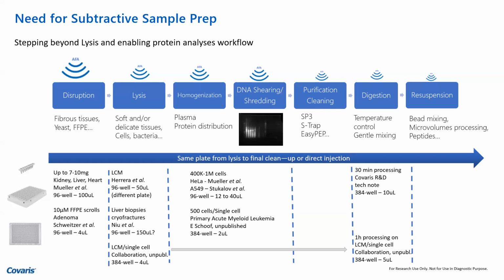And from there on, you digest the proteins on the beads in presence of AFA. And you get the peptides, and then you purify them in presence of AFA so that you can get to the final point. Whichever technology you're using, if you're using ELISA, or some other form of technology, it doesn't matter what your detection technology is, you are getting good quality proteins at the end.